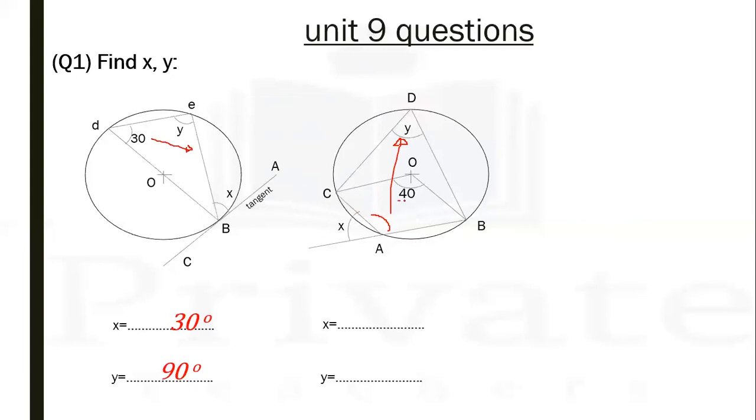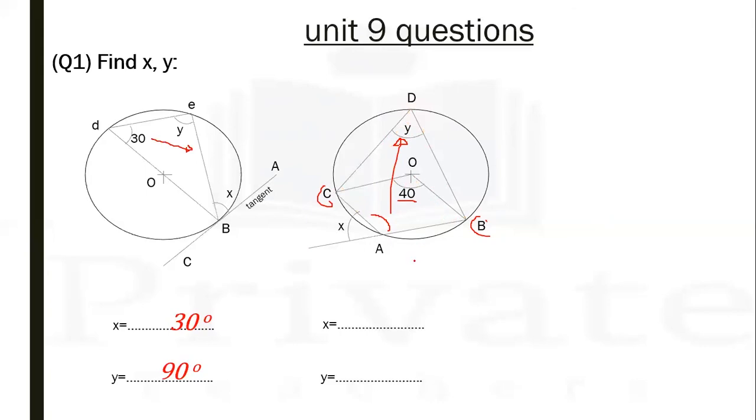Look, this 40 is given, and 40 here is a central angle on the arc CB. And look at the angle y, a circumferential angle made on the arc CB also.